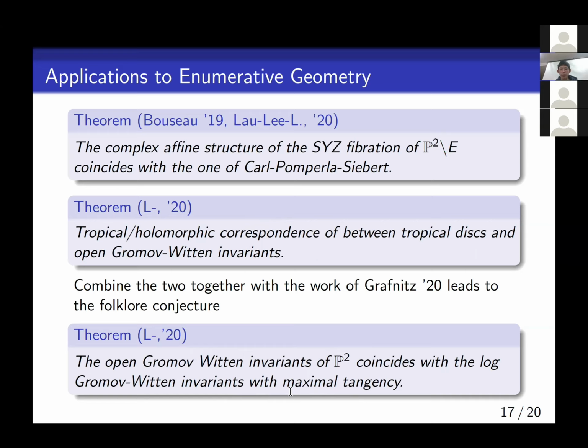You recall that if you have a smooth curve, you can count the number of rational curves of a given degree with maximal tangency, touching the smooth curve at only one single point. And this can be captured by counting open Gromov-Witten invariants with fibers of this special Lagrangian fibration.